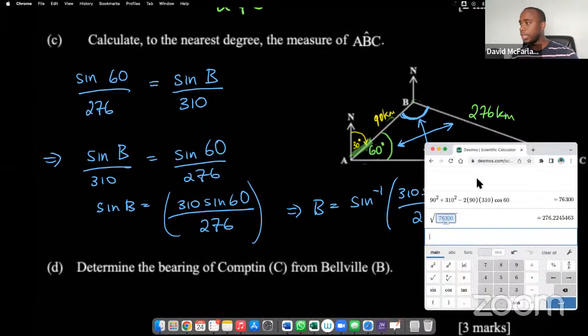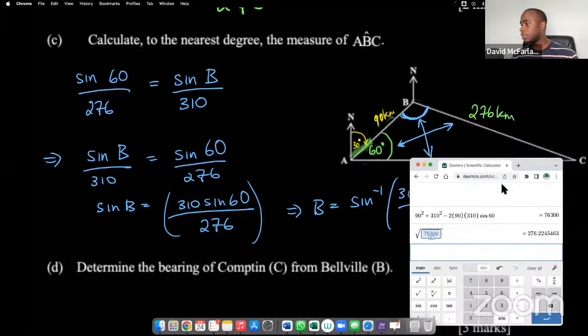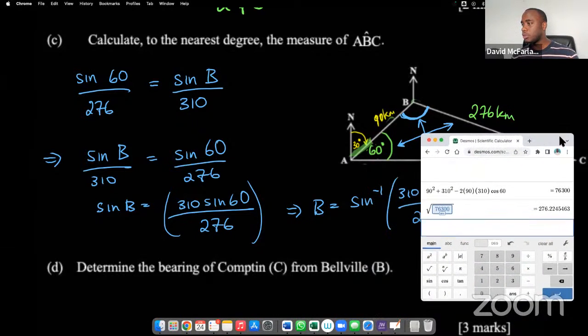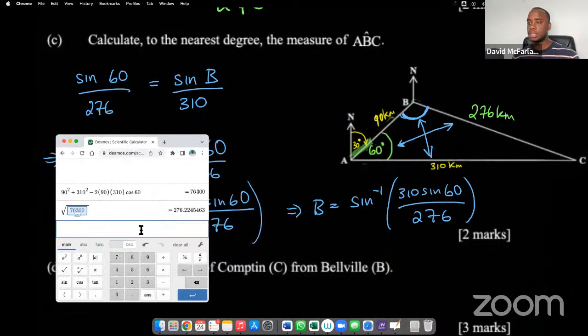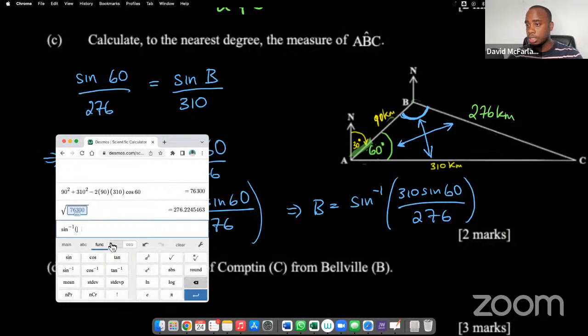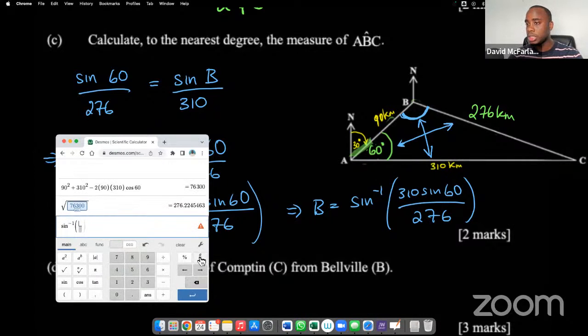So now we're going to have sine inverse of our fraction, that's 310 sine 60 over 276. I see some people in the chat saying they get 77, so let's check if we get the same.